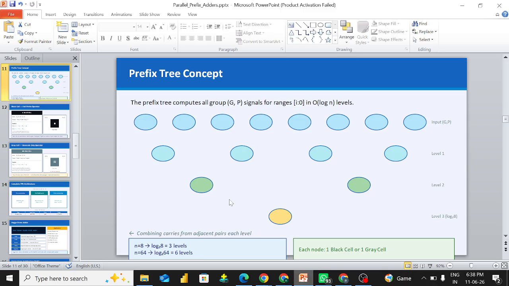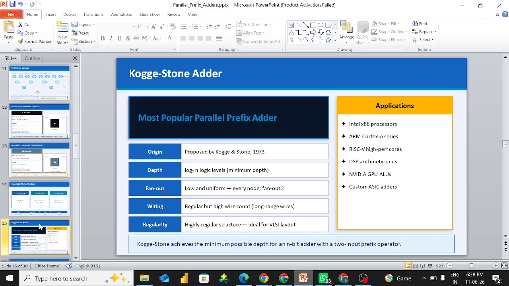This happens in parallel: input level, stride one, level one, level two, and at last level three. This is the concept used inside the PPA. Because of this tree structure, delay is reduced from O(n) to O(log base 2 of n).